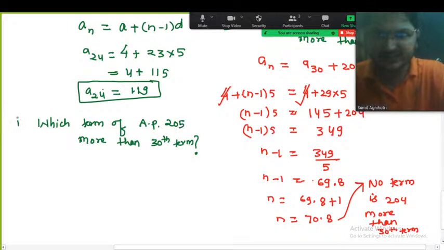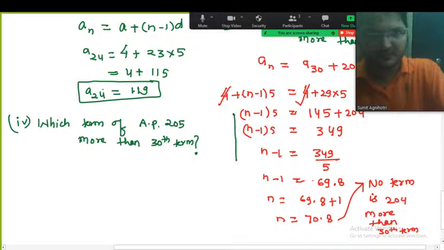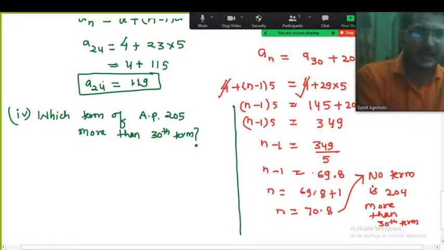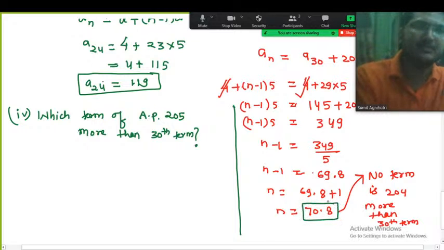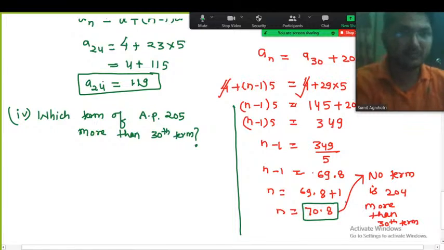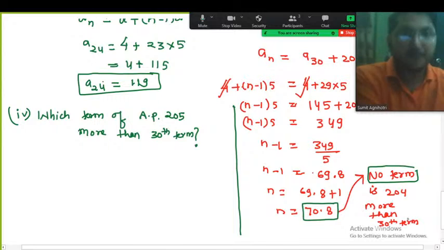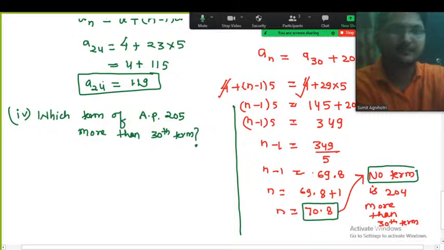If I change the question in this way, can you now answer? As we shouldn't get a value in decimal, because the term number must be a natural number, we concluded that no term of this AP is 204 more than the 30th term. But if my question is changed like this, can you now answer?